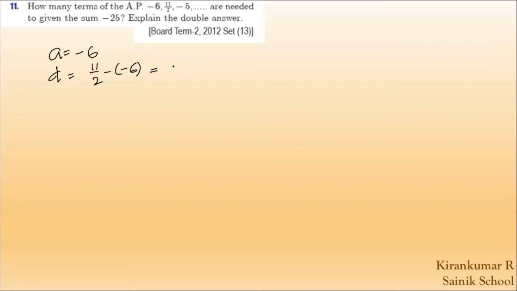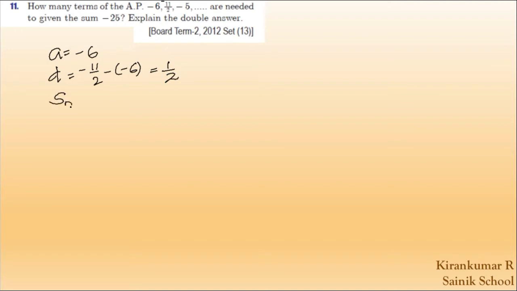We get it as, here there is a mistake in the question, it's not printed properly, it's a negative, minus 11 by 2. So negative minus 11 by 2 added to 6 will be 1 by 2.